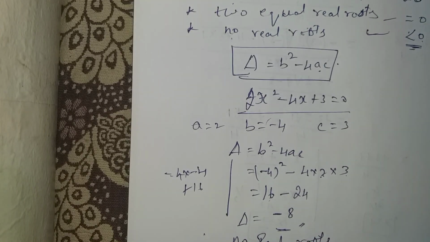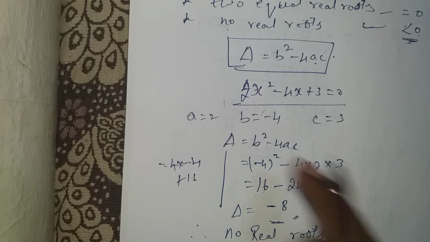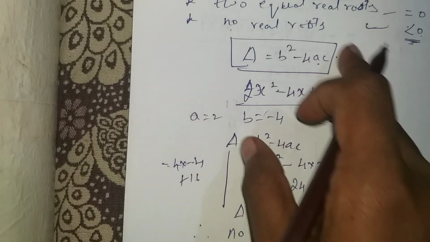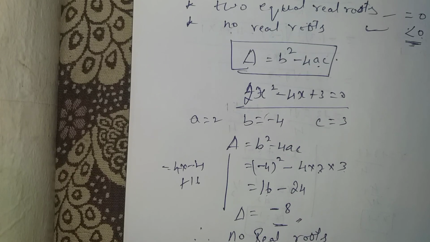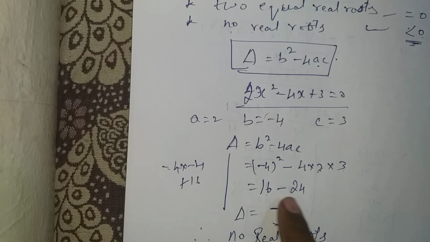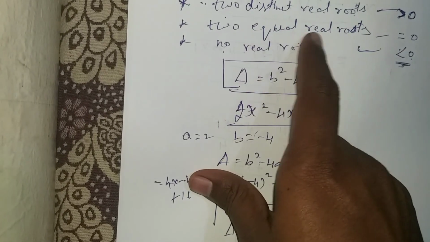Simple guys, it's very easy to find out the nature of the root. Any doubt in finding the nature of the root, they may give any type of question in this way. Just find a, b, c values, take the formula, substitute the values, and you will get some answer. If you get delta exactly equal to 0, you need to write two equal real roots.